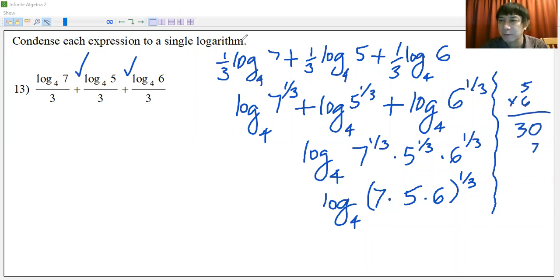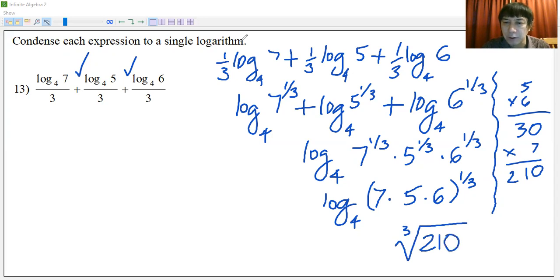Times 7, that's 210. And 1/3 means cube root, okay? So we will have to write this cube root of 210. And this is logarithm of cube root of 210, base 4.